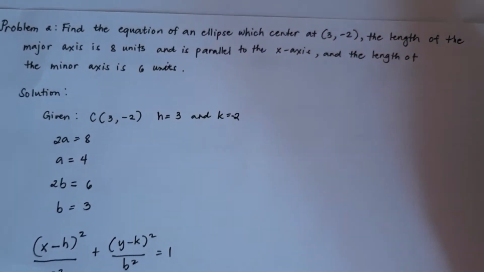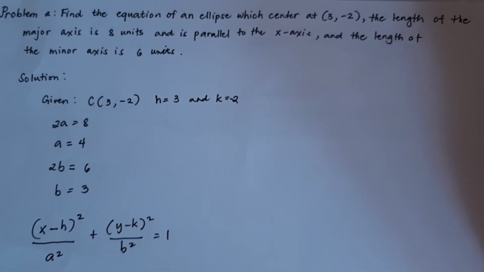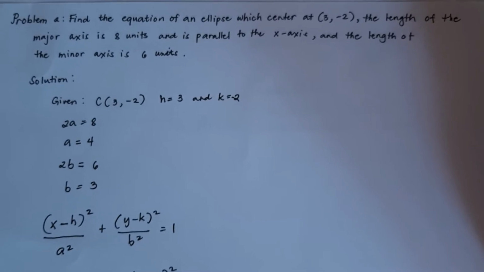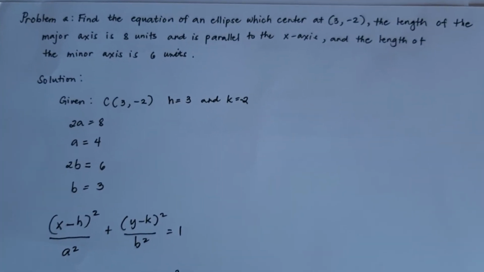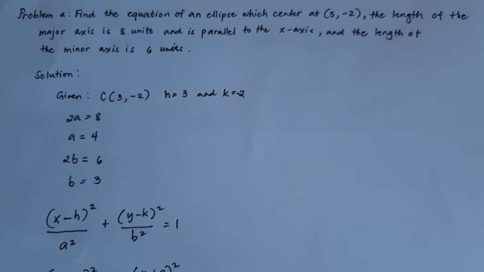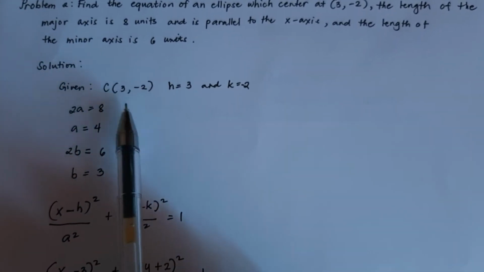Okay, let us proceed to problem number 2. Find the equation of an ellipse which center is at 3, negative 2. Then the length of the major axis is 8 units and is parallel to the x-axis, and the length of the minor axis is 6 units. So, solution given, no?